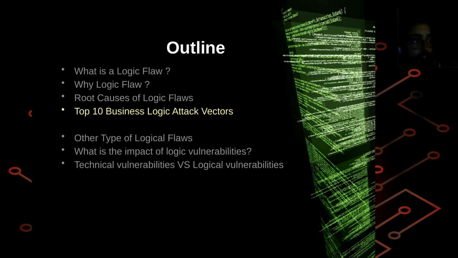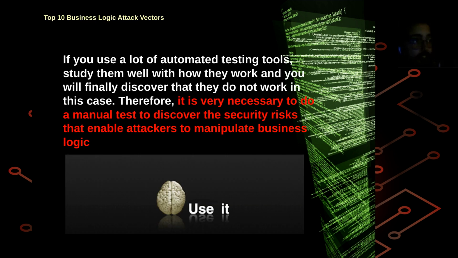So we have the top 10 business logic attack vectors here. If you use a lot of automated testing tools, you need to study them well and how they work, and we can discover that they do not work in this case. Therefore, it is very necessary to do a manual test to discover the security risks that enable attackers to manipulate business logic.